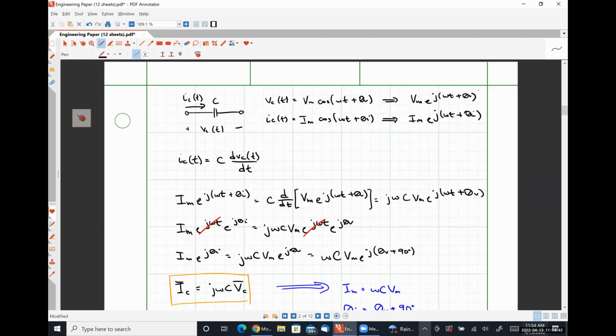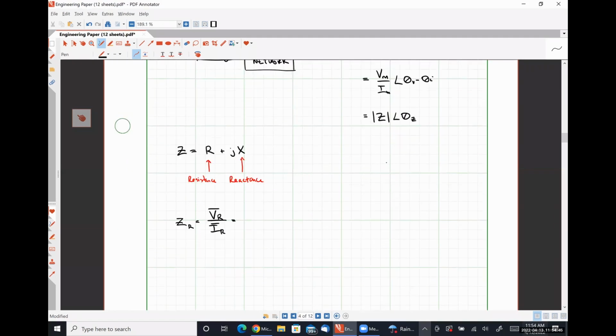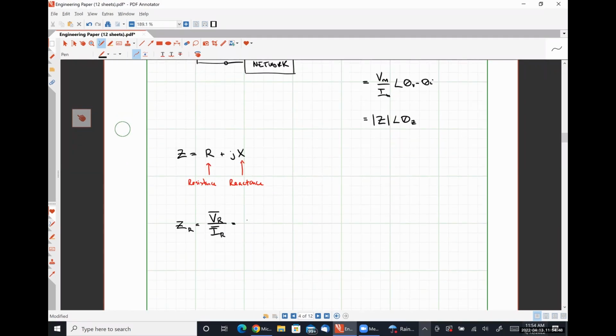So that we can see the impedance of a resistor is simply the resistor value itself. In a more formal sense, this is R plus j0 as a rectangular form complex number, or R angle 0 degrees as a polar form complex number.